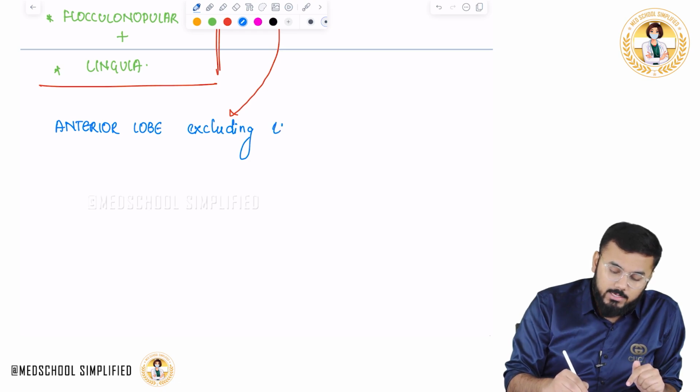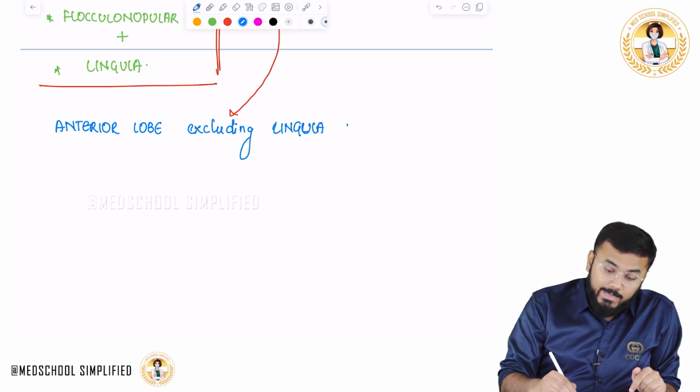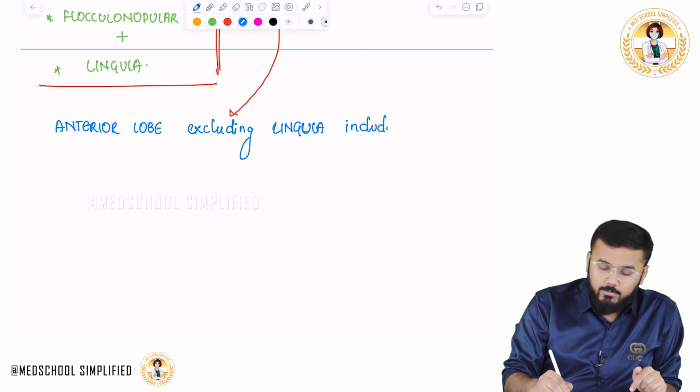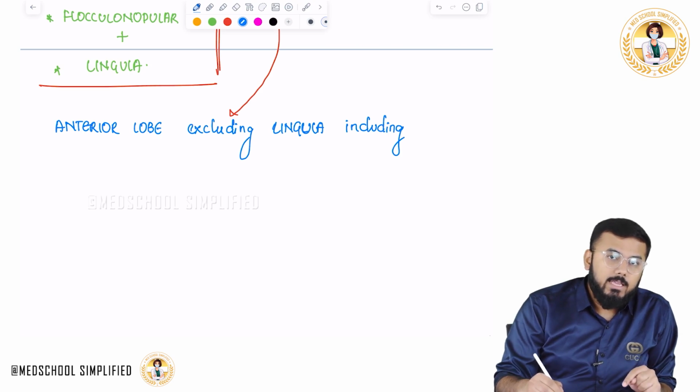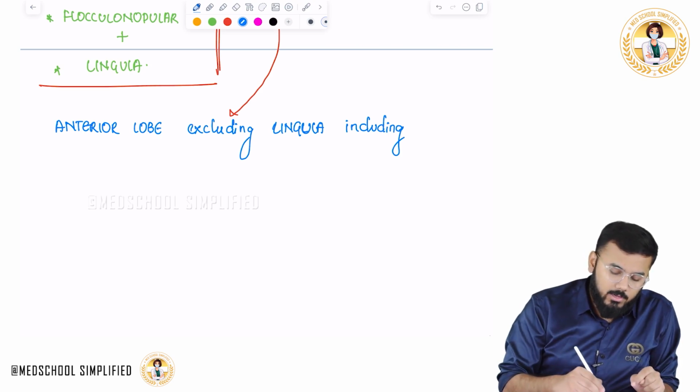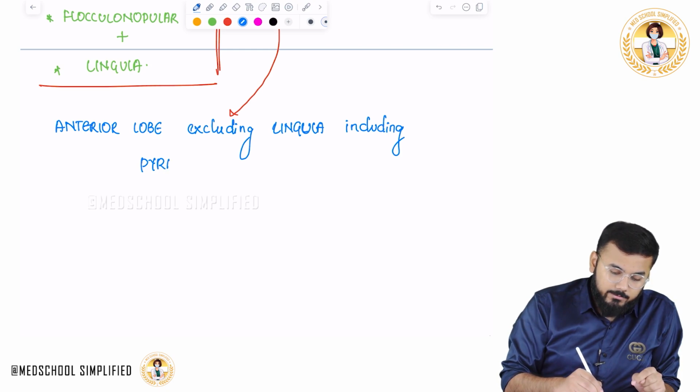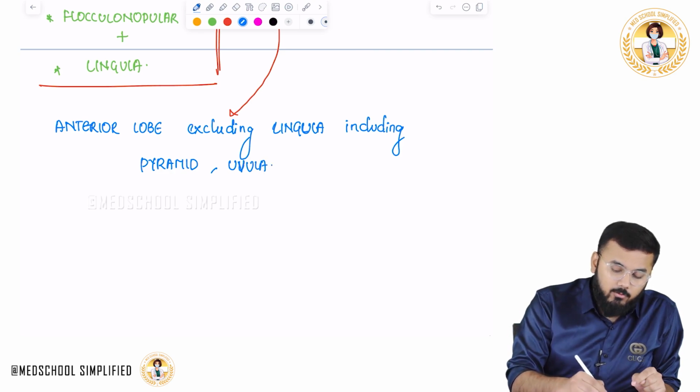What is the first one called? Lingula. Excluding lingula and including the seventh and the eighth. What are the seventh and the eighth called? Pyramid as well as uvula. Including pyramid and uvula.